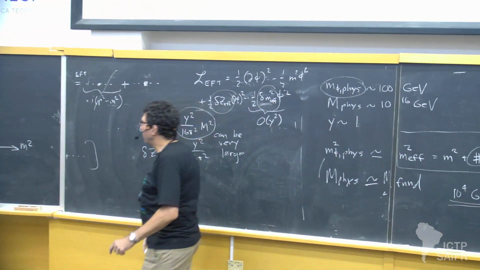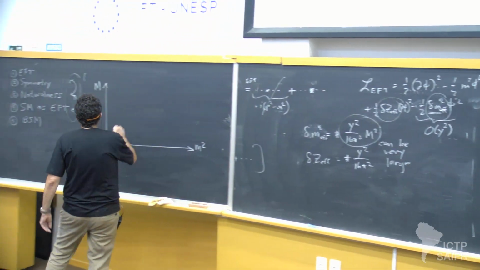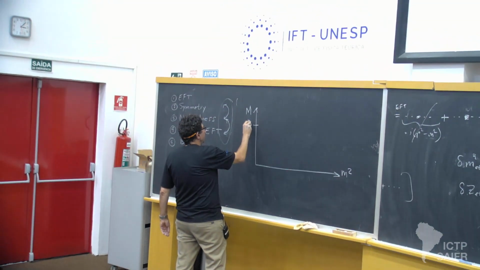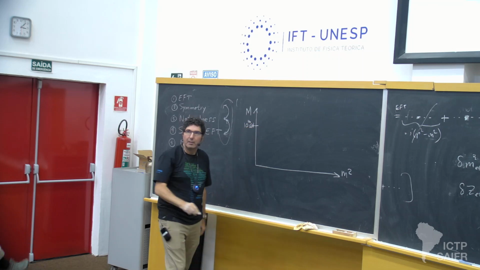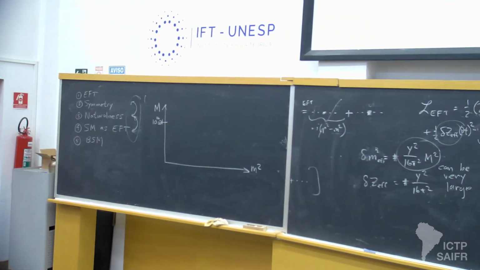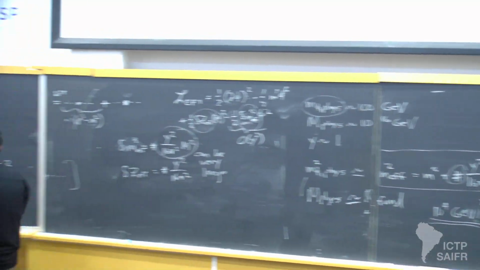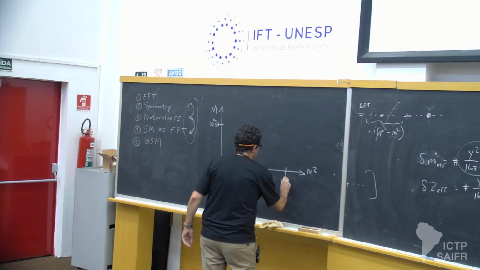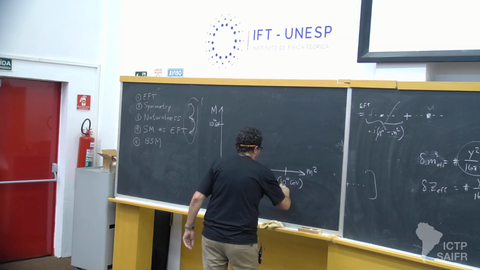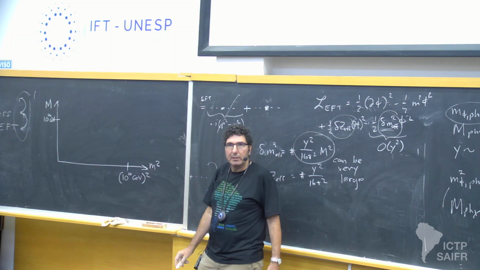I'm interested in this very special point, and that's happening where capital M is of order 10 to the 16 GeV. And how big is little m? Well, it's the square root of 10 to the 30. It's 10 to the 15 GeV. Since I'm writing m squared, I'm saying this is 10 to the 15 GeV all squared, just so you can read. Anyway, that's the number.